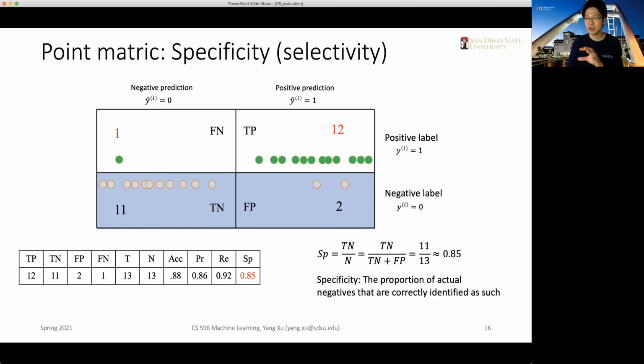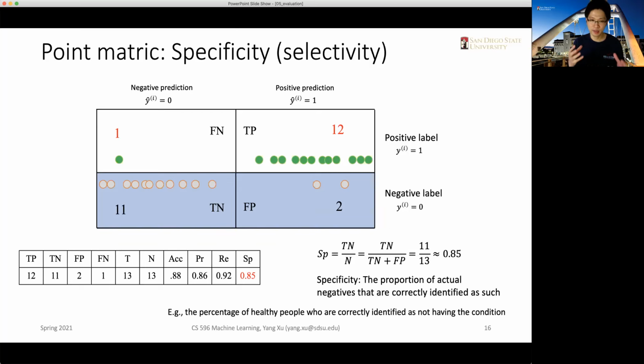Precision and recall, I would say, are the most commonly reported metrics in academic papers. But as I said, the positive versus negative examples are totally symmetric. So if you flip around the concepts, you can also think of specificity as a way to describe the recall for negative examples.